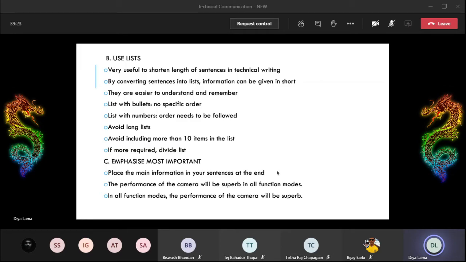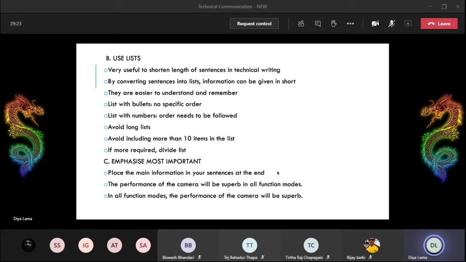So if you're trying to give more emphasis on functions, then your sentence has to be like this: the performance of the camera will be superb in all function modes. If your main important topic is function modes, then you write it this way.